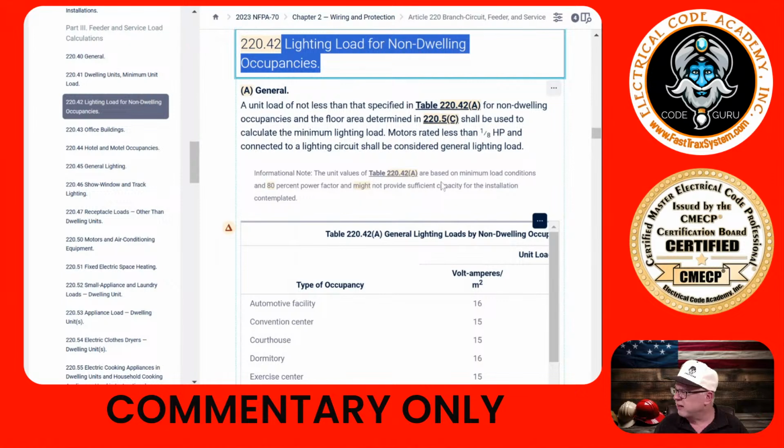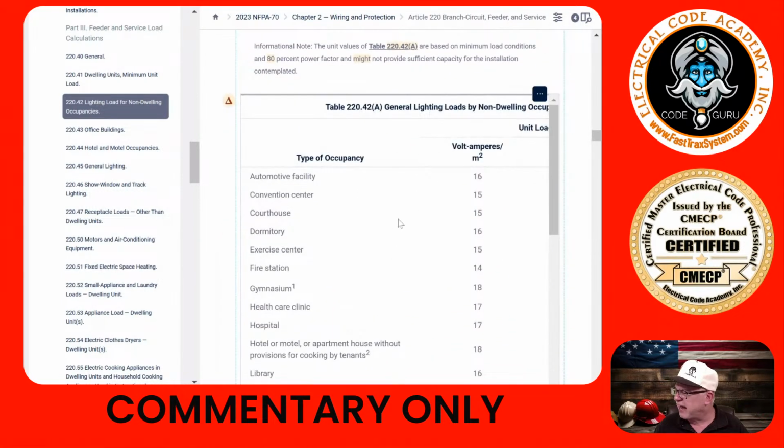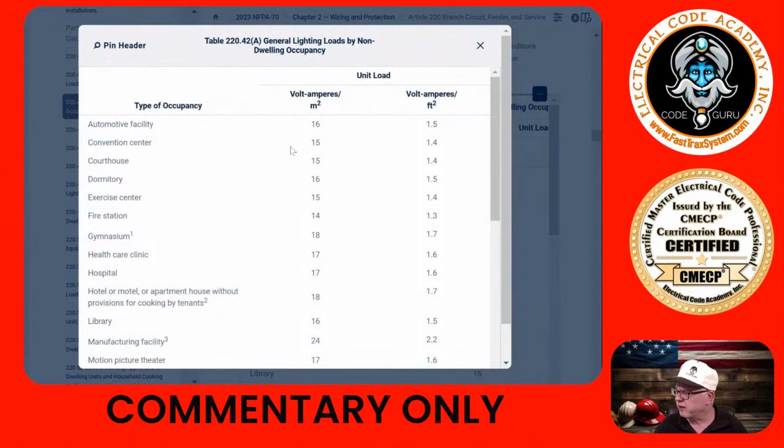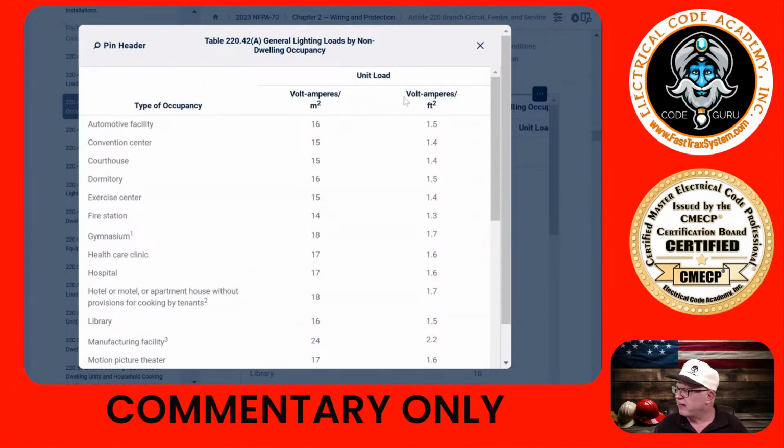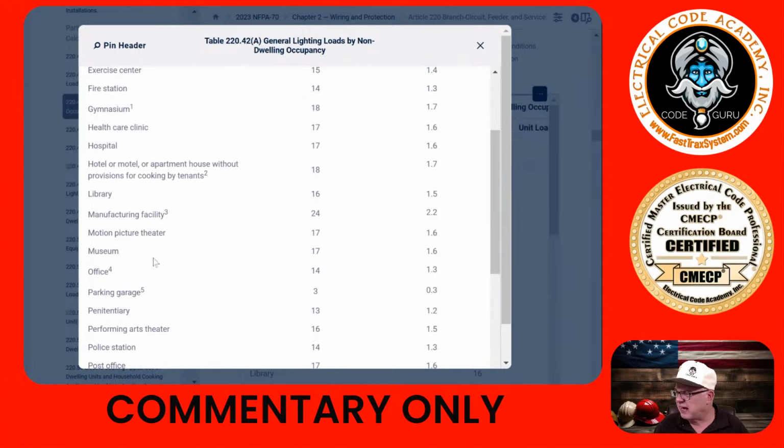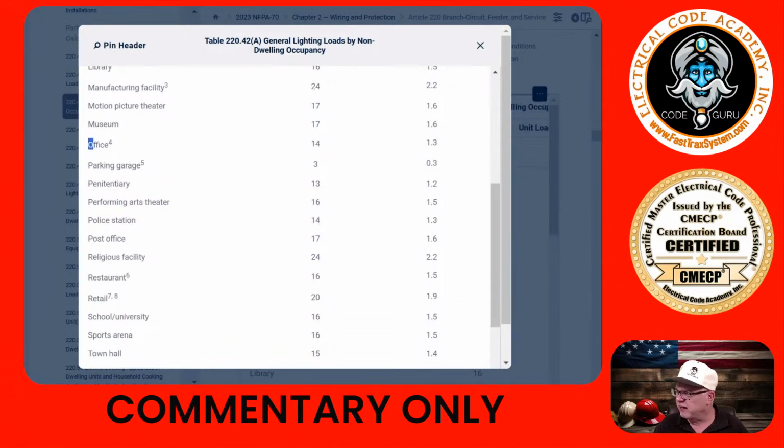And you'll see that you have values down here. Let me make this larger. Depending on the type of occupancy you're dealing with, you have a certain value in VA, volt-amperes per square foot, for the general lighting. So let's look at, for example, an office.